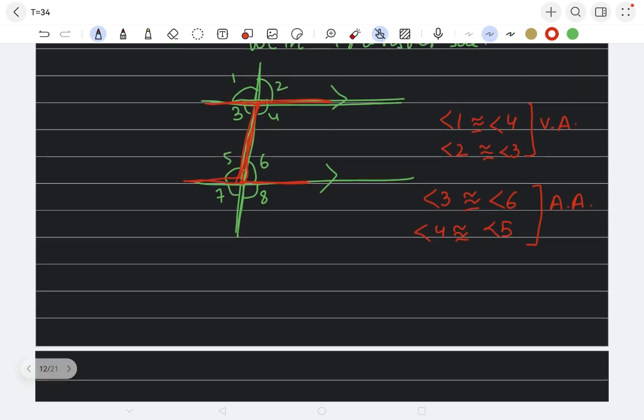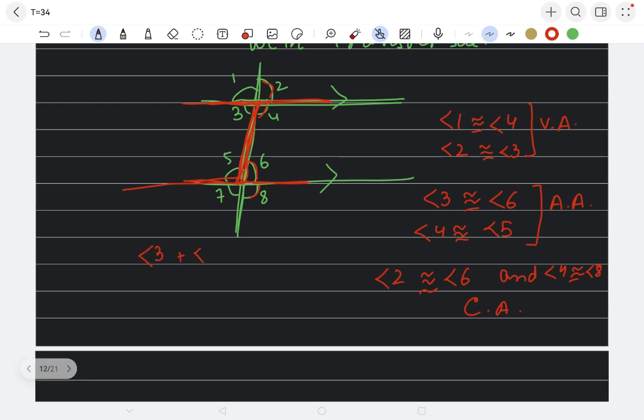Okay, now you can see 2 and 6, and 4 and 8. They are corresponding angles. 2 is congruent to 6 and 4 is congruent to 8. One more thing, when you deal with parallel lines, their interior angles sum up to 180. And what are their interior angles?